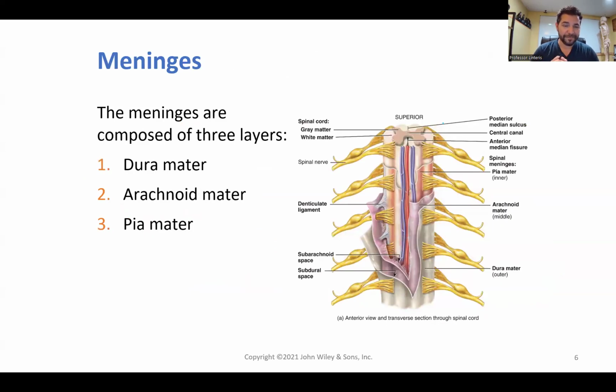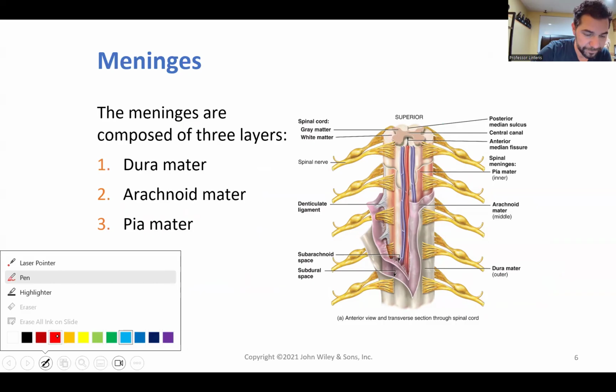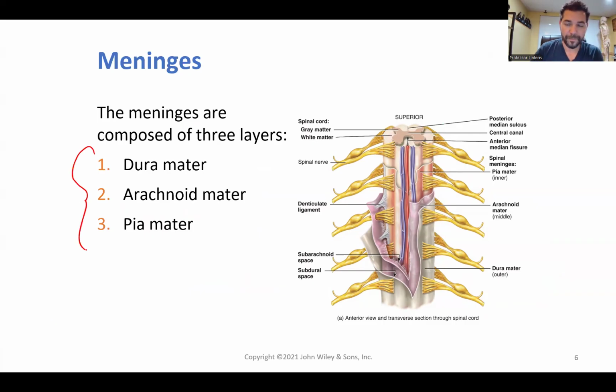This picture highlights the three meninges. From the outside in, they are called the dura mater, the arachnoid mater, and the pia mater.